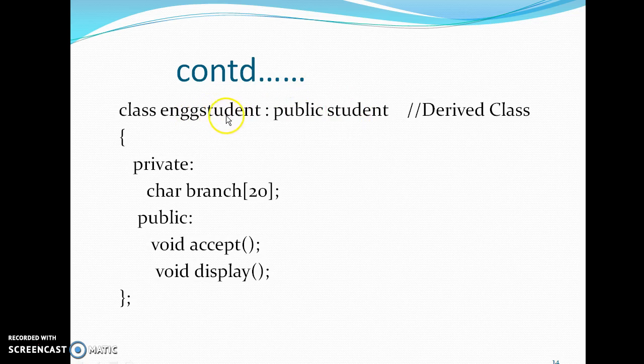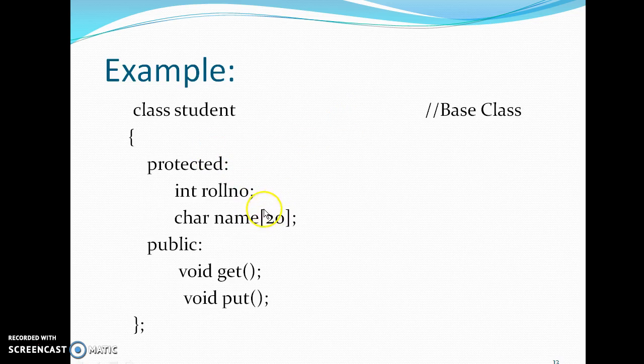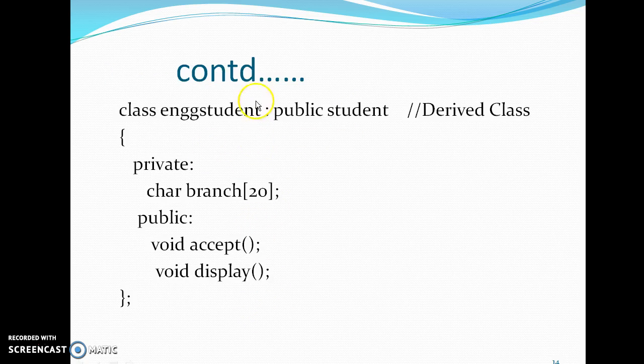As its definition suggests, engineering student is publicly derived from student, so all the features we have in student are inherited in engineering student, and it allows us to add some new features also, like branch, accept and display added here.